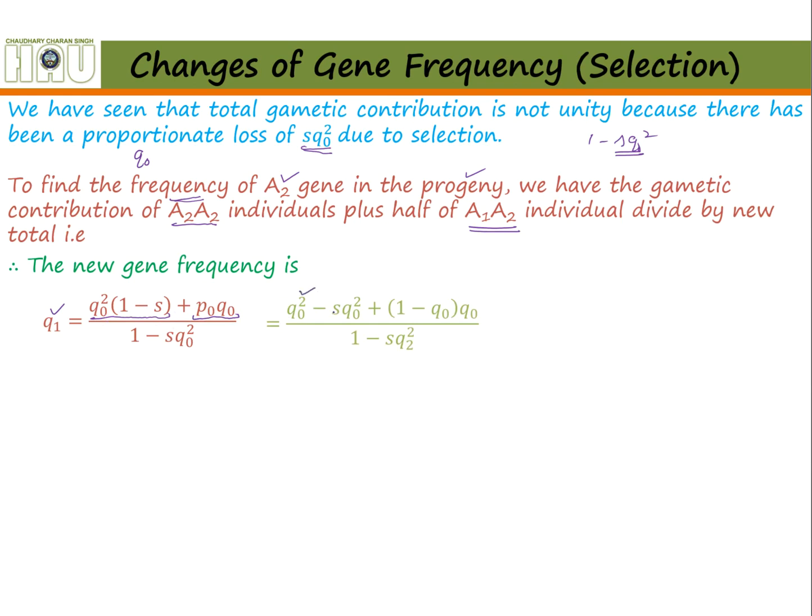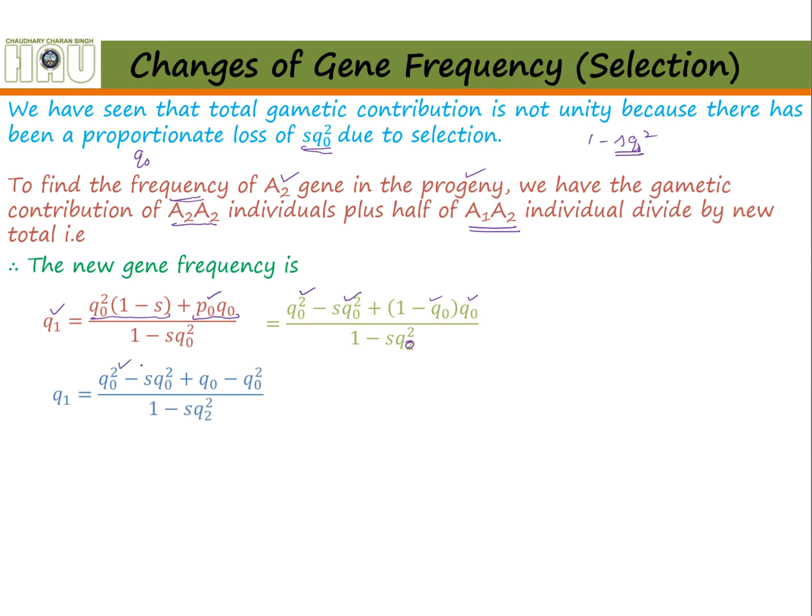If I simplify it, it is Q0 square minus sQ0 square, plus, substituting 1 minus Q0 in place of P0, 1 minus Q0 into Q0, divided by the total gametic contribution in the next generation, that is 1 minus sQ0 square.